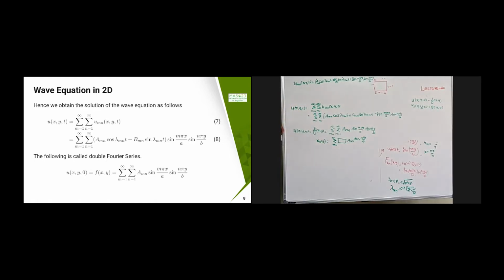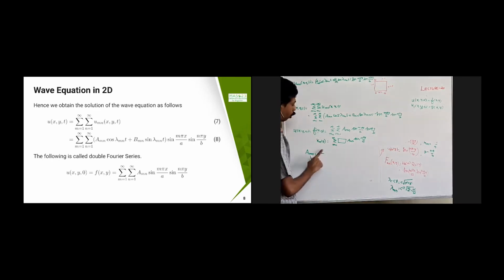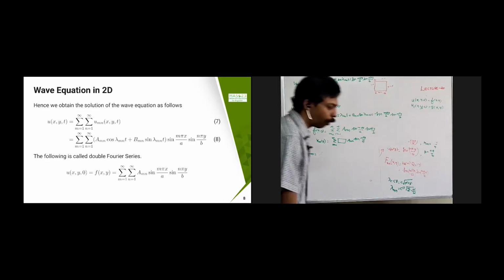So in that case, you are going to get a_mn multiplying over here. Therefore, in general, you can write a_mn equal to 1 by, and so on. So how do you apply this? Let us see that.